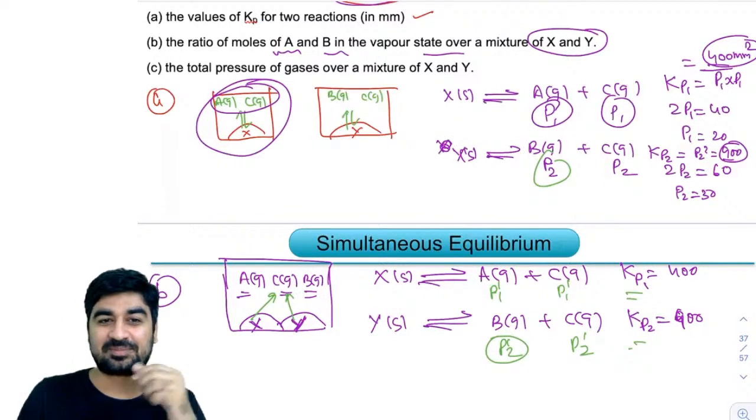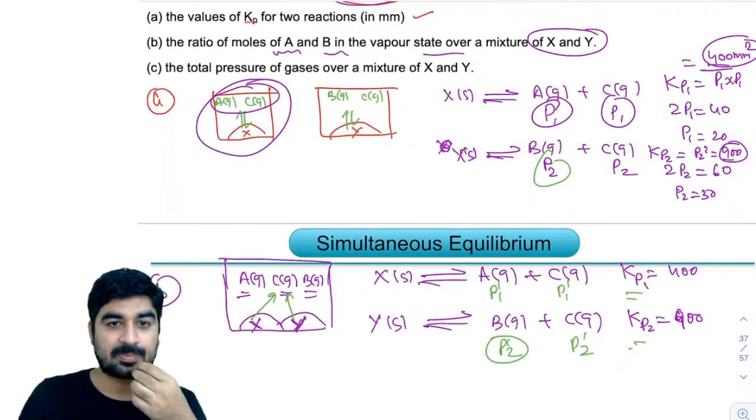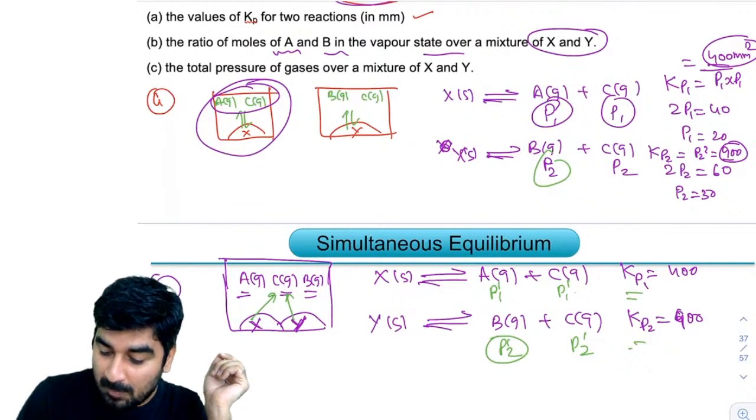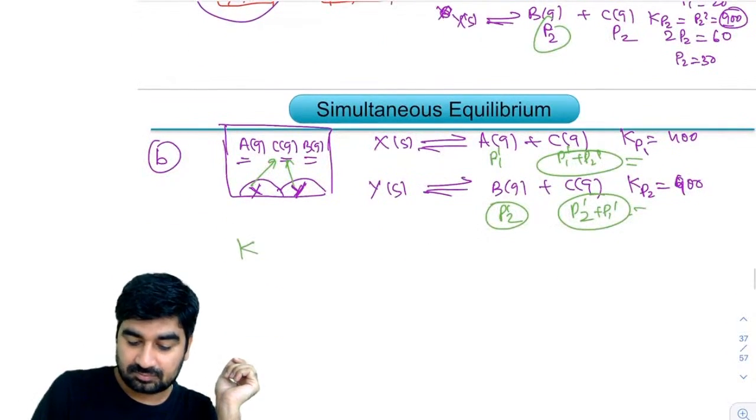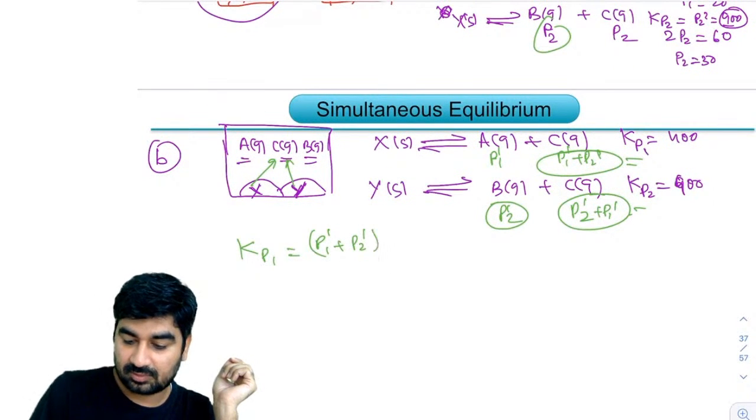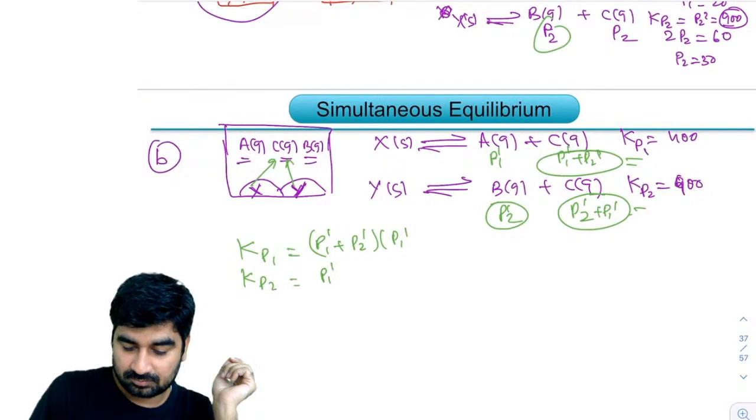Okay, Unacademy. So now what will happen? This is P2 dash, this is P1 dash. So you will write Kp1 is equal to P1 dash, and Kp2 is equal to P2 dash.